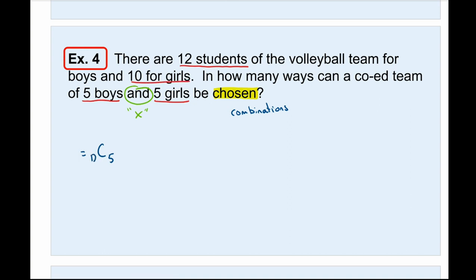So we're going to do 12 choose 5 for the boys, and we're going to multiply that by 10 choose 5 for girls. Or again, different ways you can write it, 12C5 times 10C5.